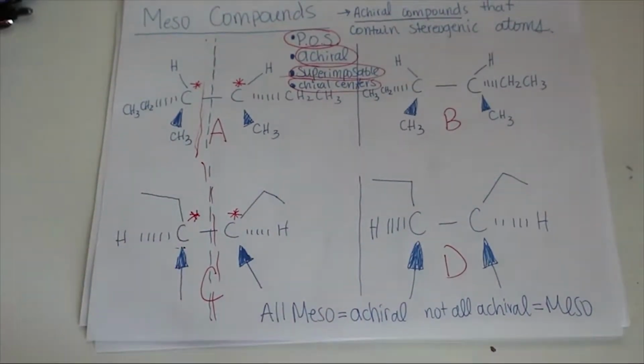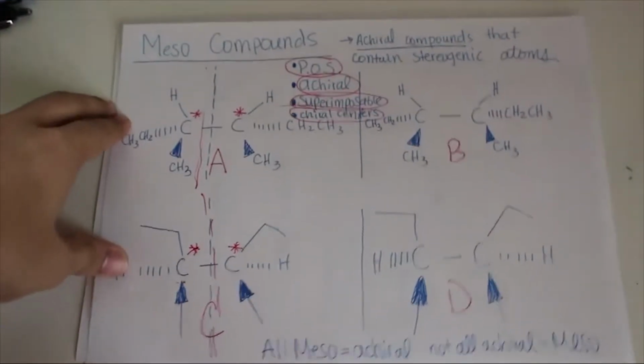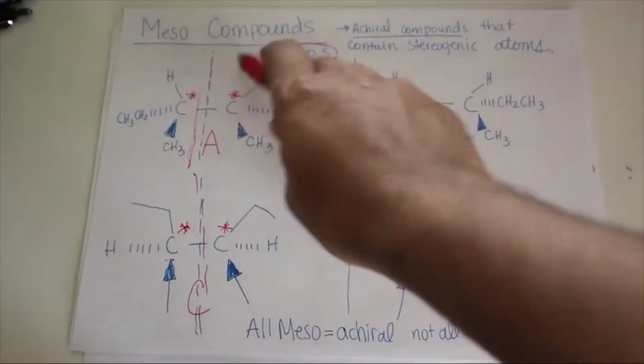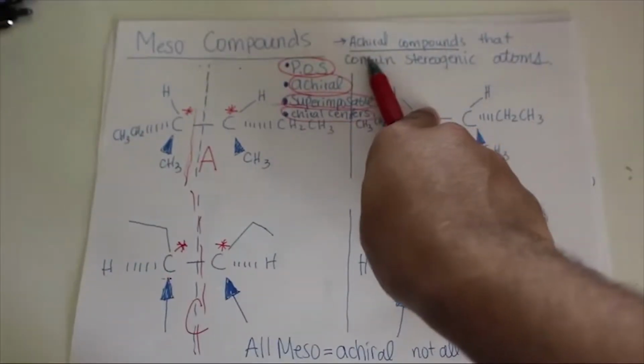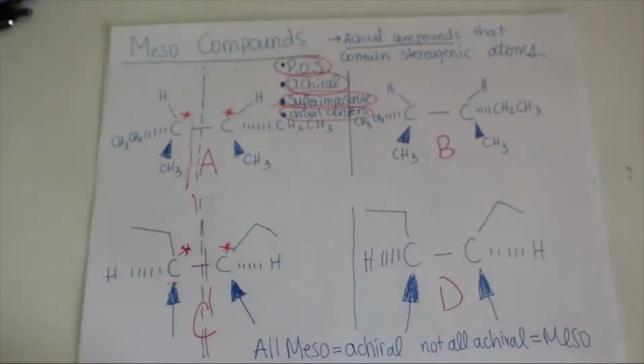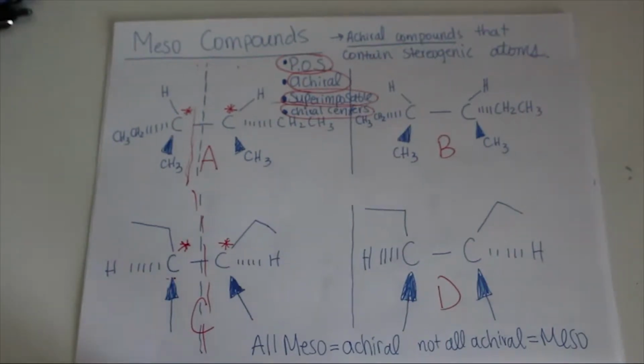Okay, so a good thing to write down with your notes also with everything else is this. All meso compounds are achiral compounds, okay? That contains stereogenic atoms. Stereogenic meaning the stereo center or the stereochemistry.